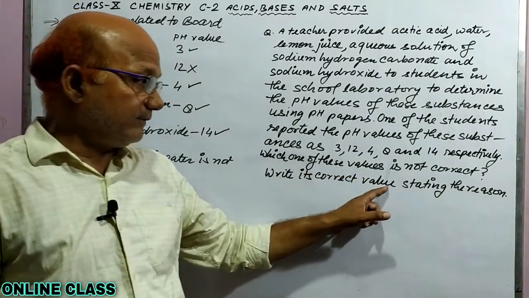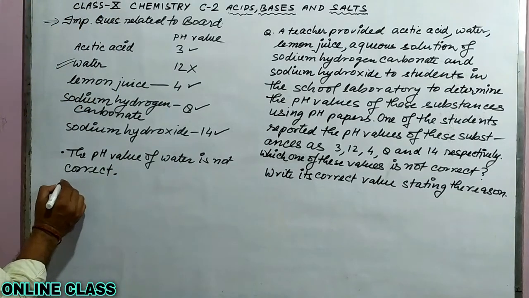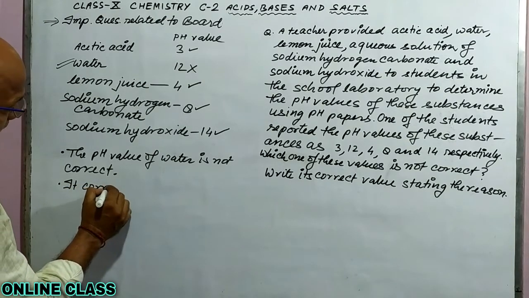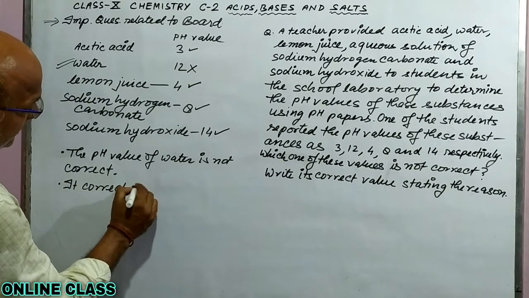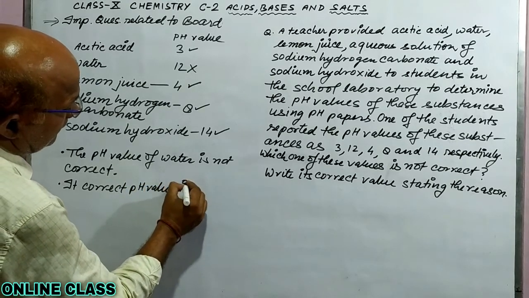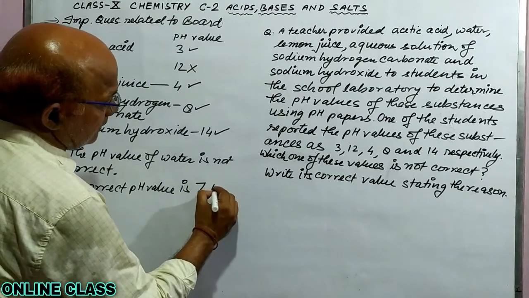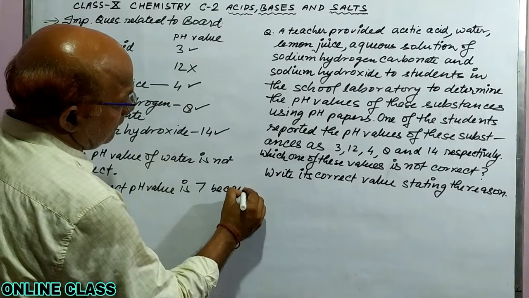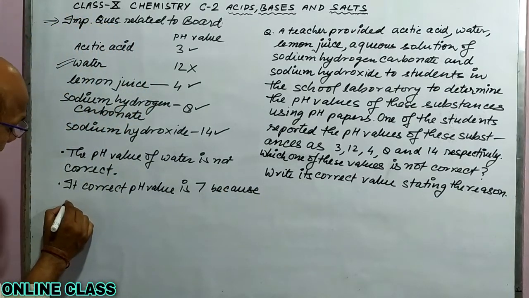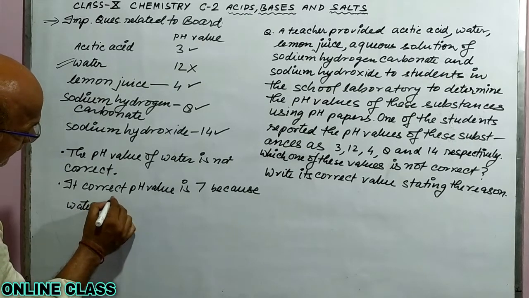Write its correct value stating the reason. Its correct pH value is 7 because water is neutral.